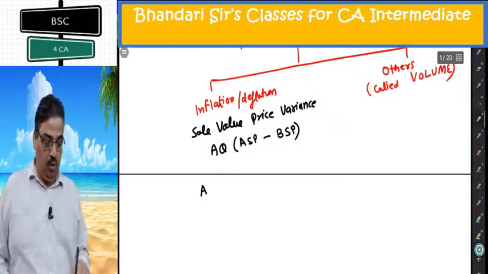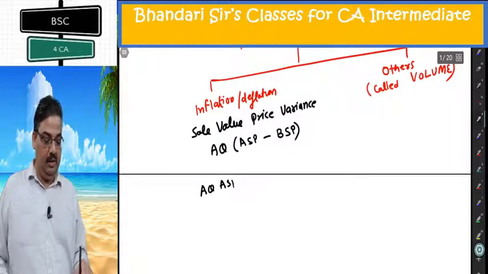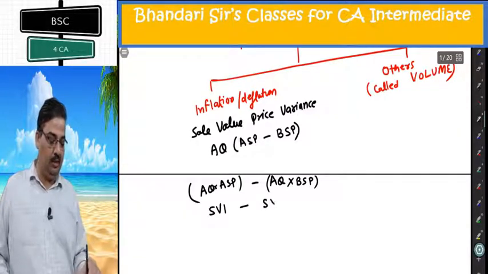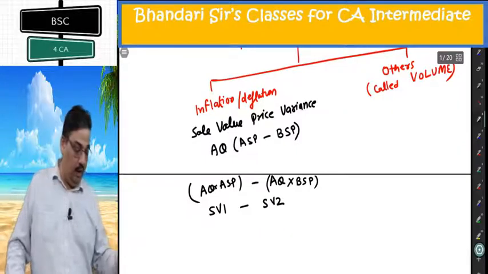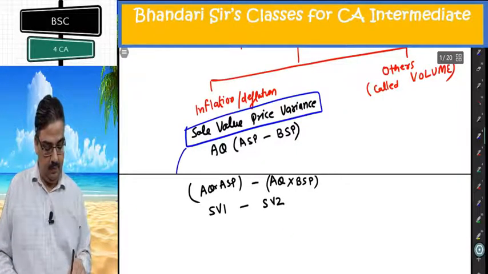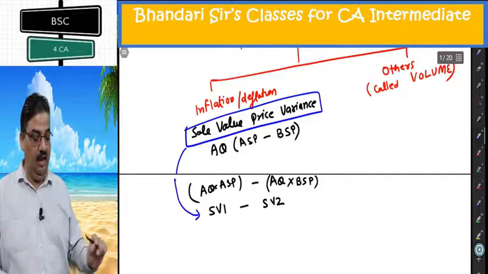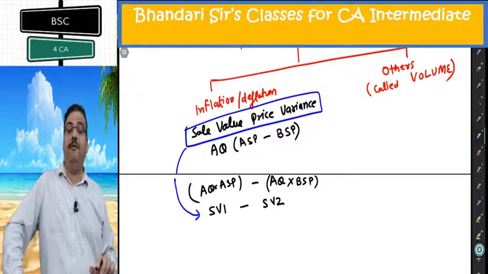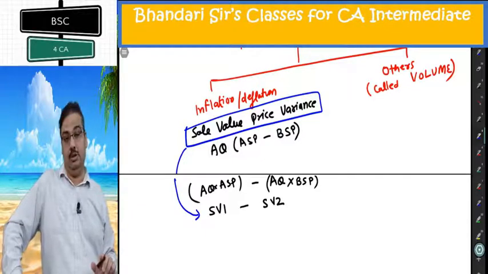Now, actual quantity into actual selling price minus actual quantity into budgeted selling price. It becomes SV1 minus SV2. This is called price variance. Again, if it is positive, we call it favorable. If it is negative, we call it adverse.